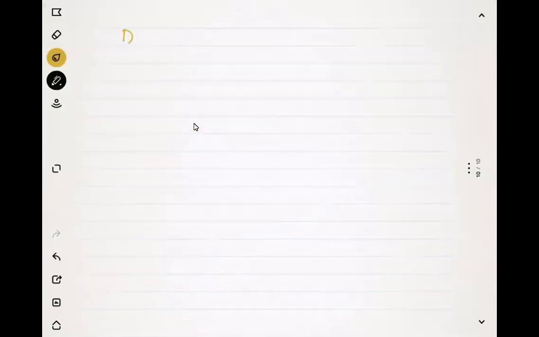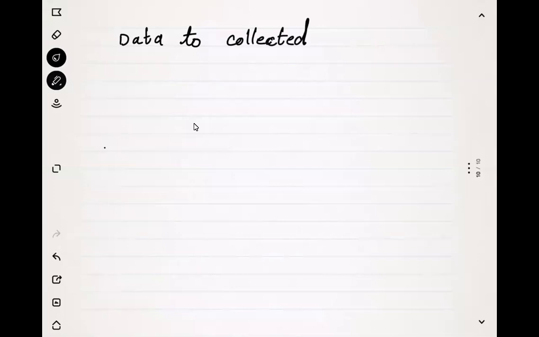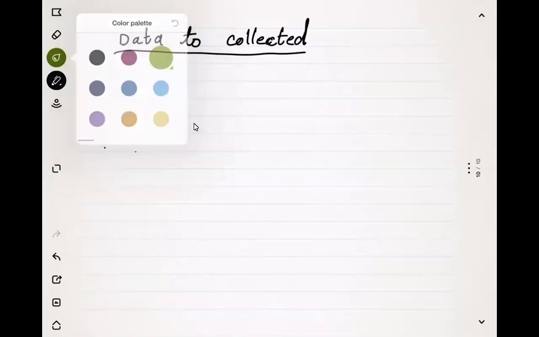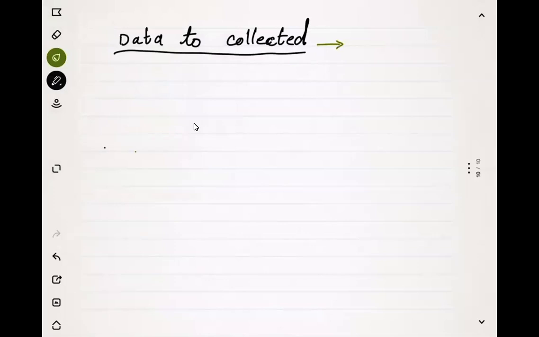Then after that, you have the data to be collected. Data to be collected depends on the equation or your axis of graph that you decided in your rough work. So data to be collected is already decided in your rough work because you know the axis of the graph.